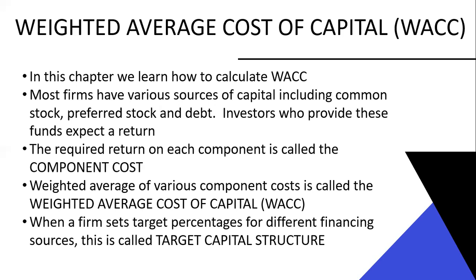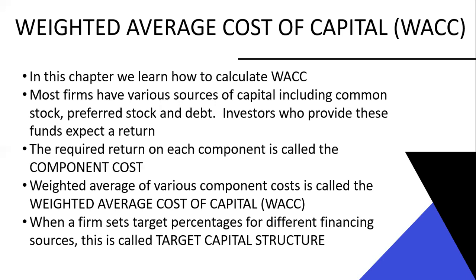And this is known as component cost. So long story short, we need to understand what interest rate the company is paying on debt, what they're paying on stock, the different types of stock, and so on. Again, the required return on each component is called the component cost.